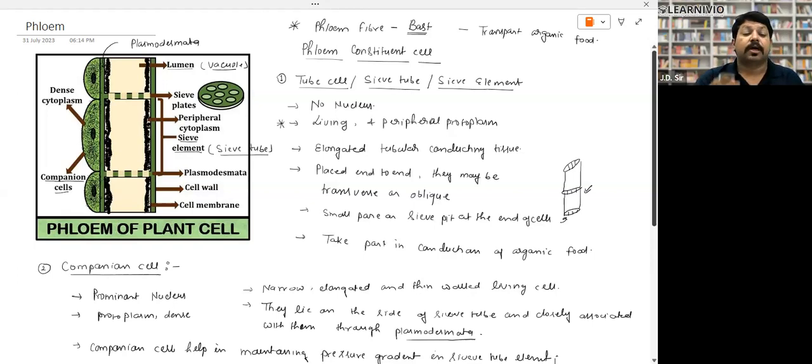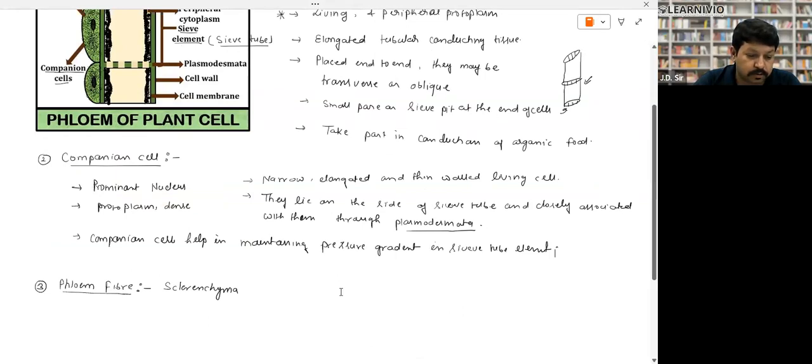We call them cellular interconnections. Simply note it down: the junction between two cells is called cellular interconnection. Clear? So the interconnection between two plant cells is plasmodesmata.